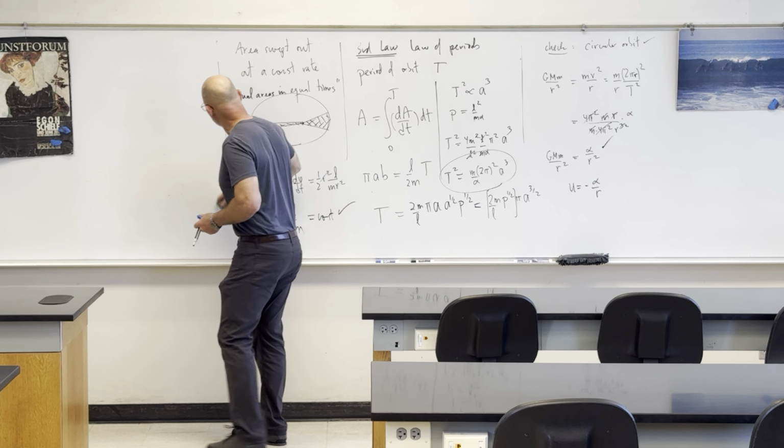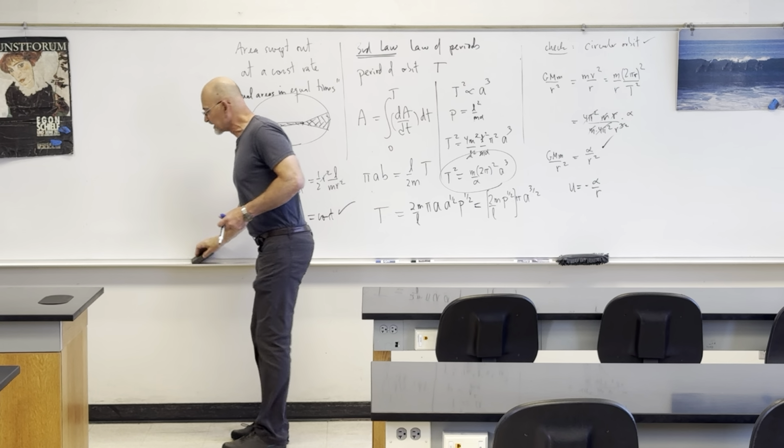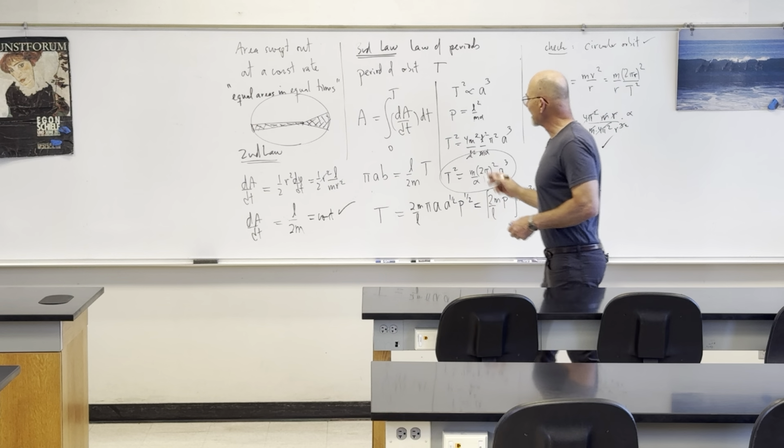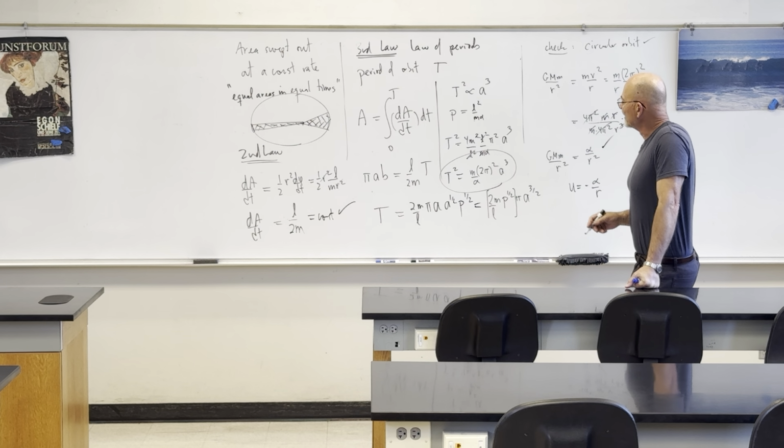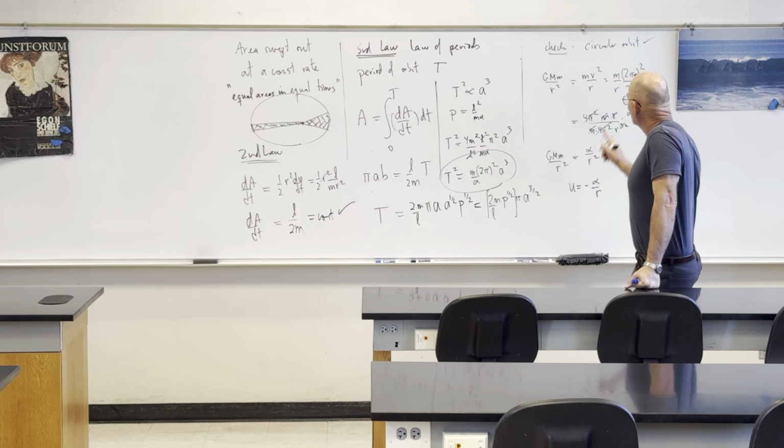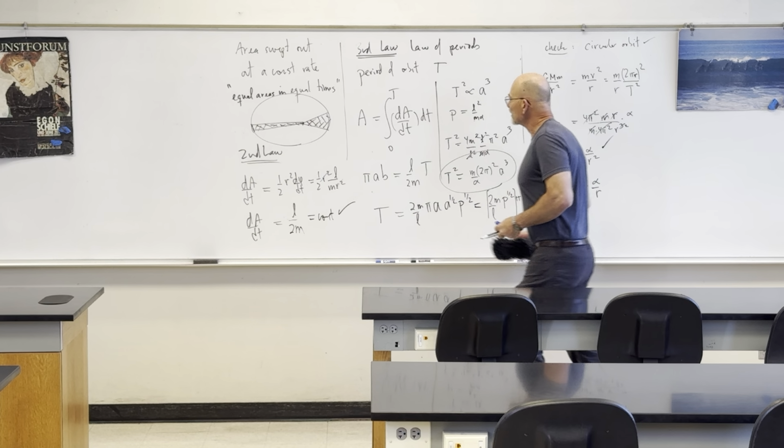Okay, so we have all of Kepler's laws now. So that's the big triumph of classical mechanics so far, to duplicate those laws of planetary orbits. Now we want to do something with this third law, and I just checked it out for the circular orbit. I'm going to erase all this stuff and we'll just reconstruct it.